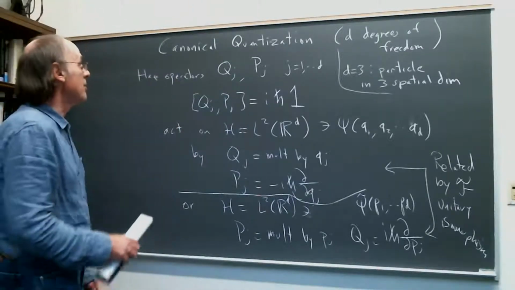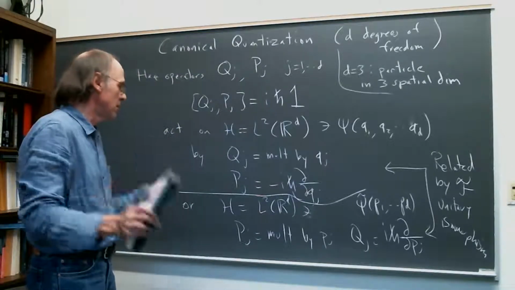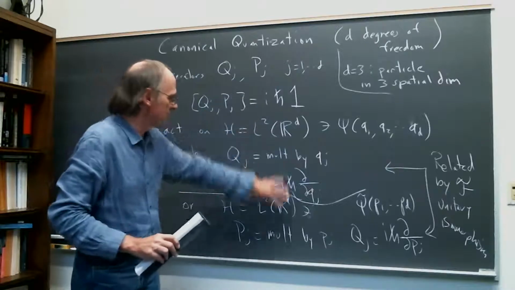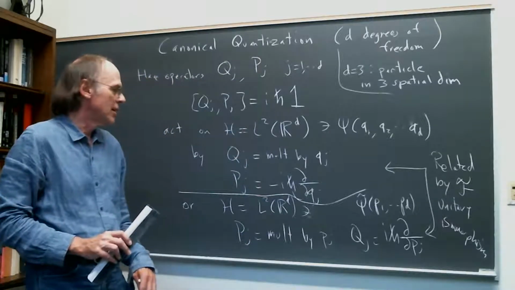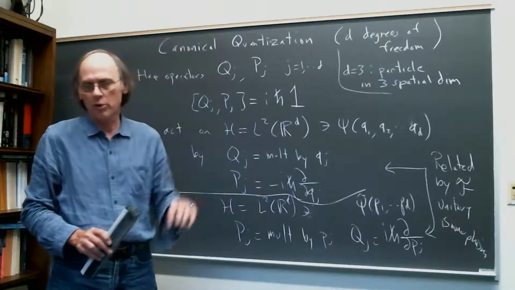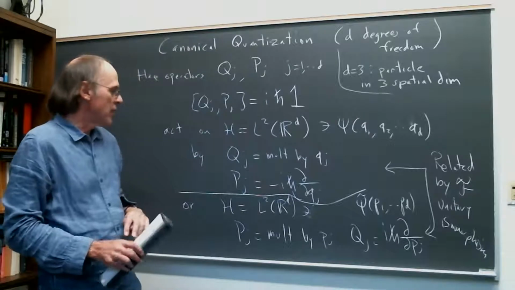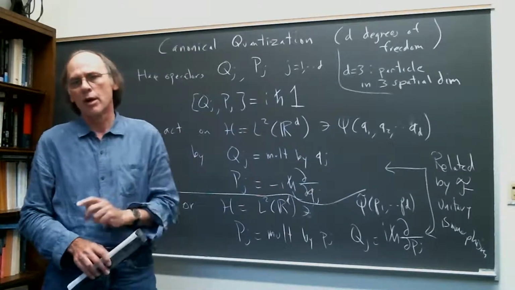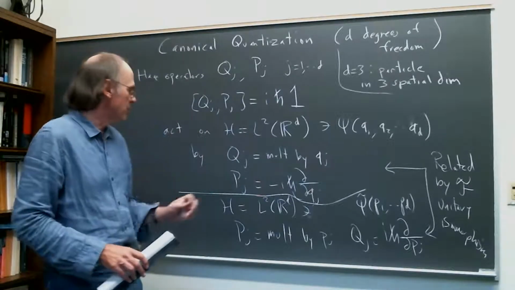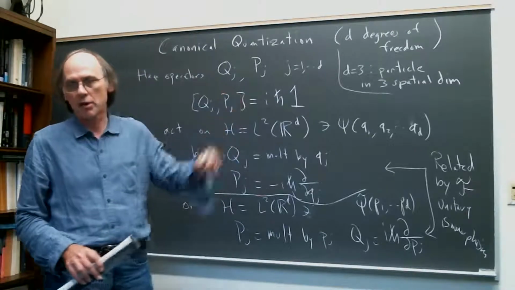But this is the fundamental thing which you do with it. If you want to get physics out of this, then the next thing you have to do is choose a Hamiltonian, like the Hamiltonian for a particle in a potential, and get more observables by building more complicated operators out of the Q's and P's.